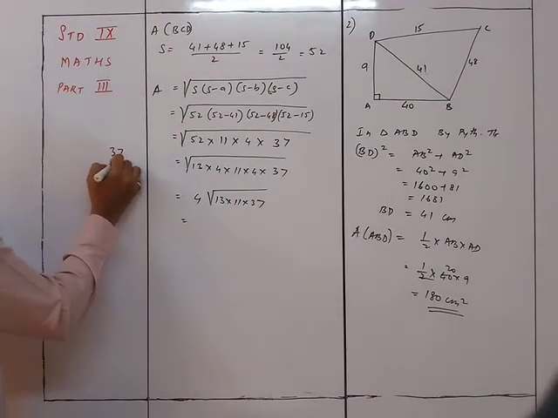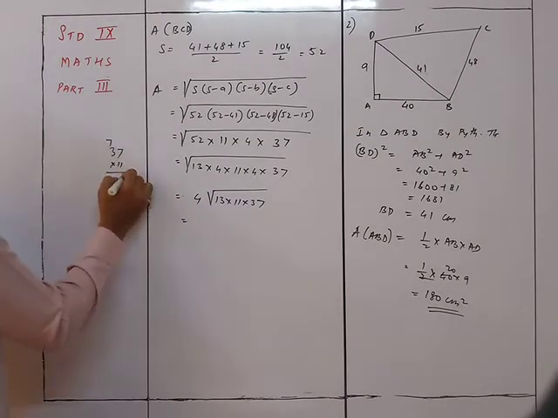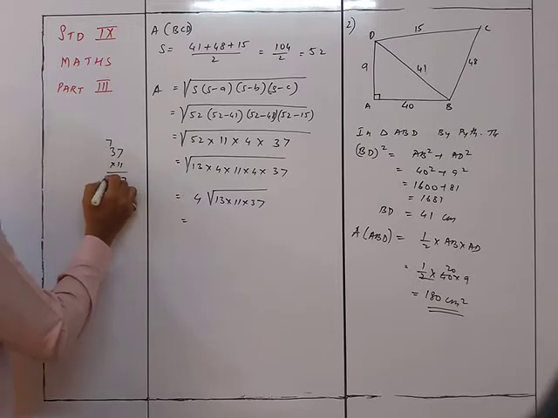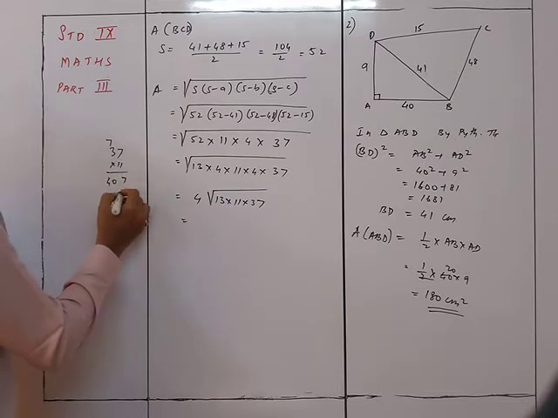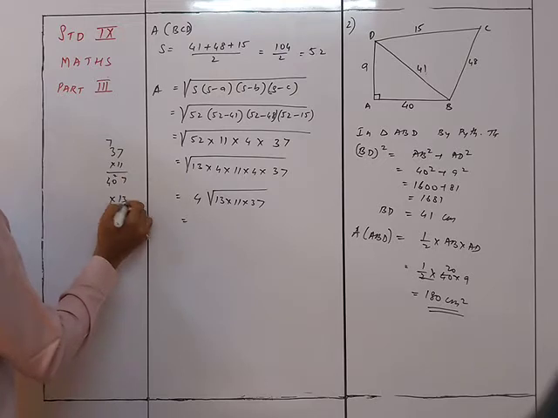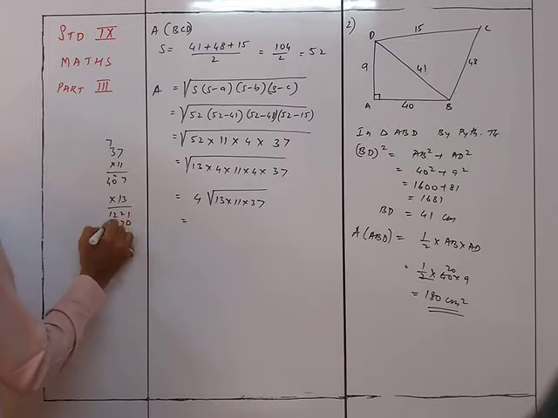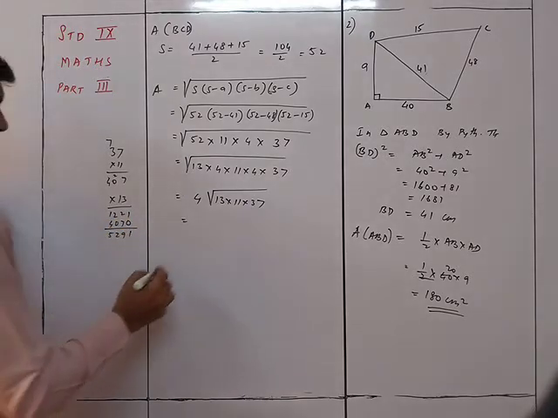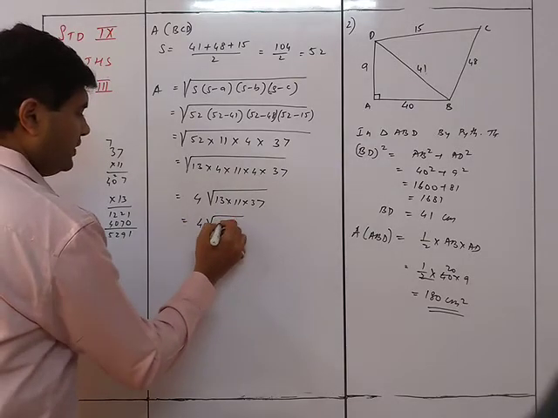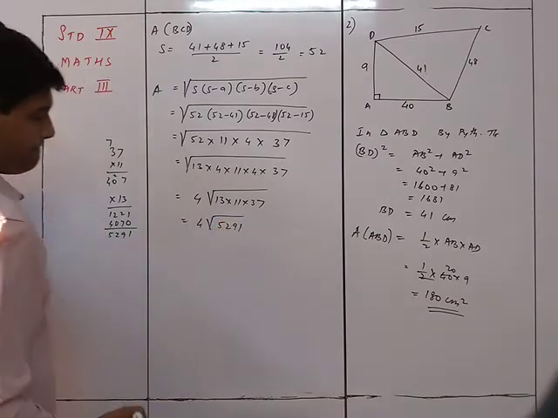So 37 into 11 is 407, and 407 into 13 gives 5291. So this is 4 root of 5291.